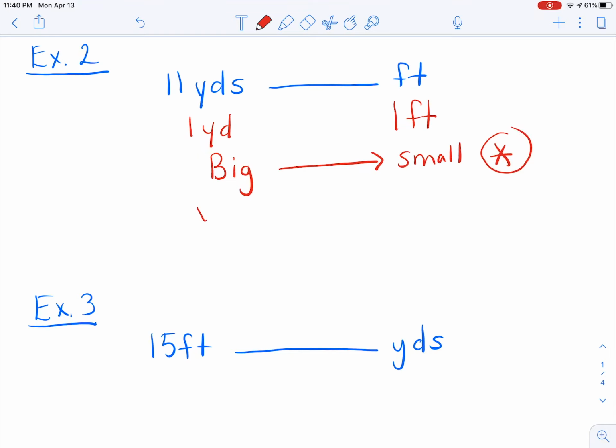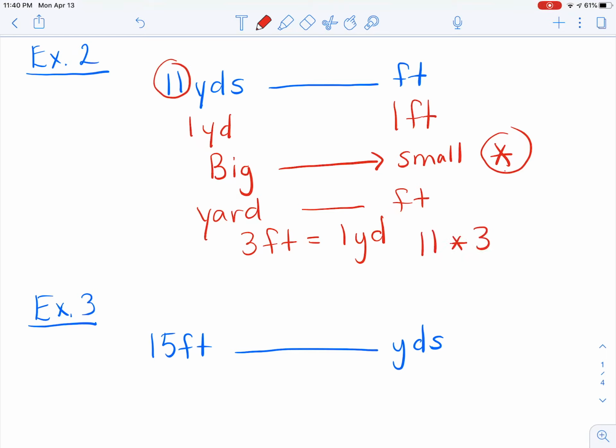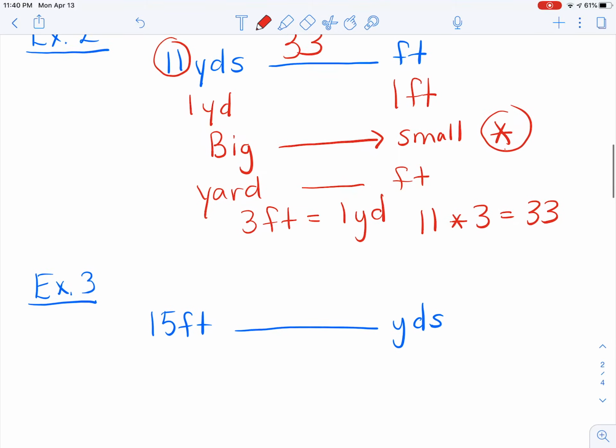Now, what do I know about comparing a yard to a foot? Well, I know that 3 feet is equal to 1 yard. My math operation is multiply. So I'm going to take 11 times 3 and I get 33. So if I have 11 yards, I have 33 feet.